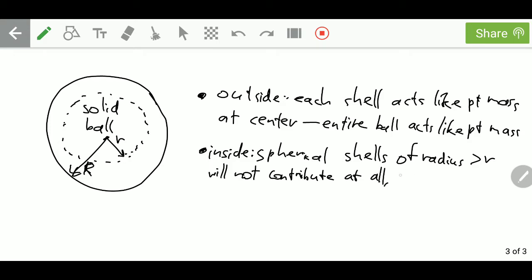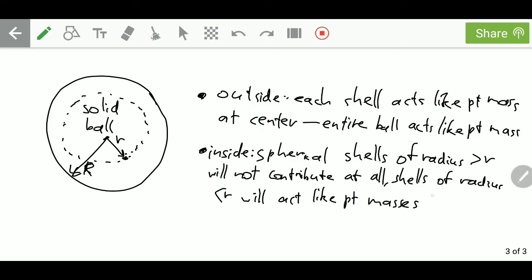And the spherical shells of radius less than r will basically just act as point masses, because if you are at a distance r, you will be outside those spherical shells. And so really, the gravity that you need to worry about is only the gravity from all the stuff inside.